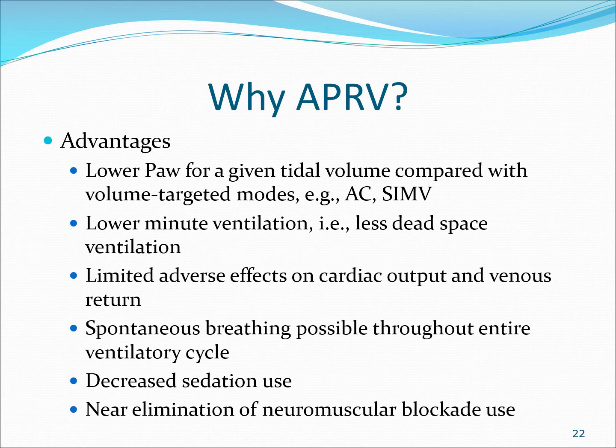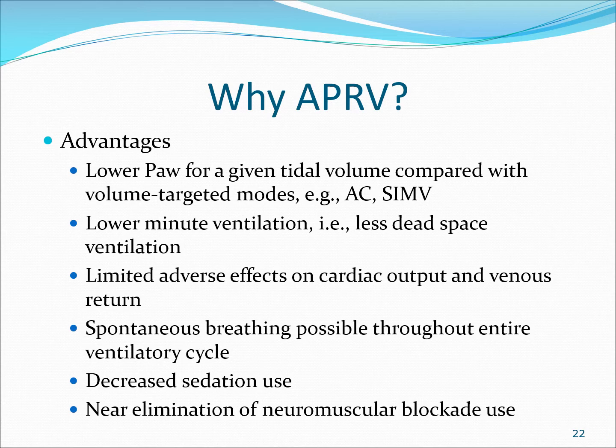So what are the advantages of APRV? First of all, you're going to use a lower pressure for a tidal volume as compared to conventional modes. In other words, if you were on assist control or SIMV, your peak airway pressures are going to be higher than with APRV. APRV works by a low pressure but a long inspiratory phase.